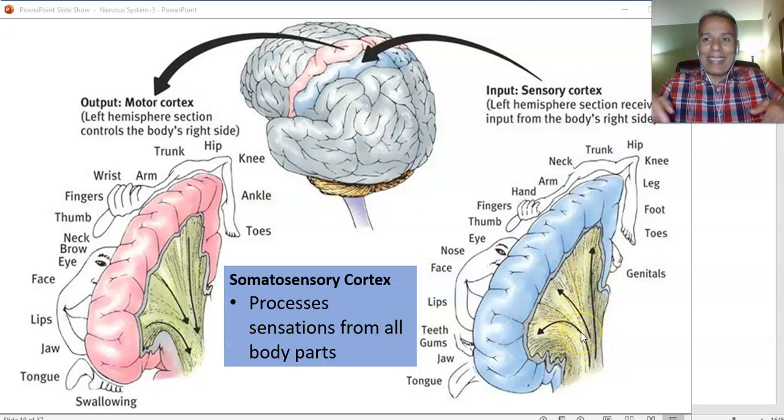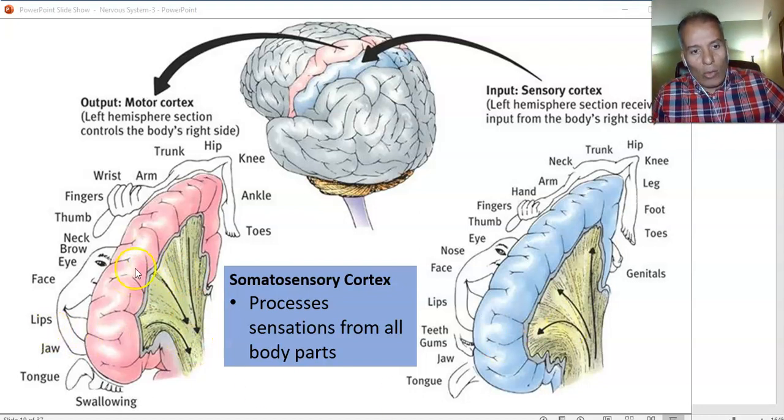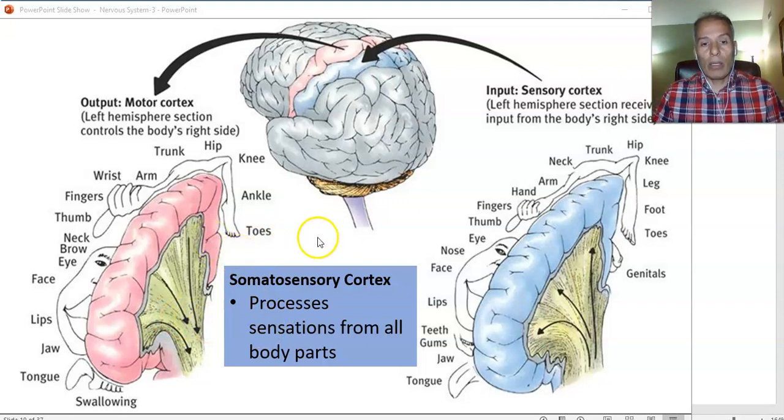That means sensation goes up to these areas. You notice here arrows going down. That means you have a motor command coming from these areas, and it goes down to muscles and structures so it can move them. So this brings up sensation, and this brings up motor commands. It's just like electrical wiring. Think of it this way.